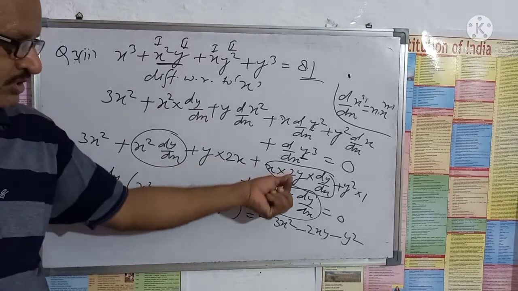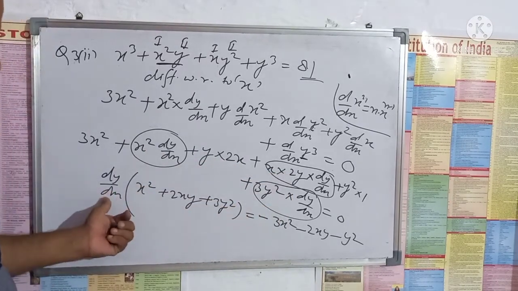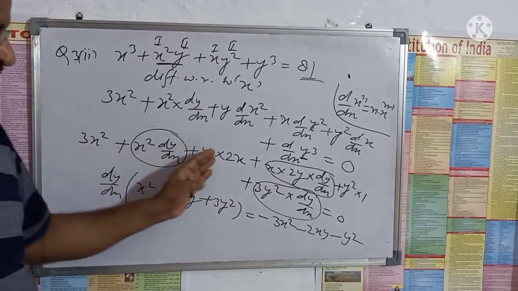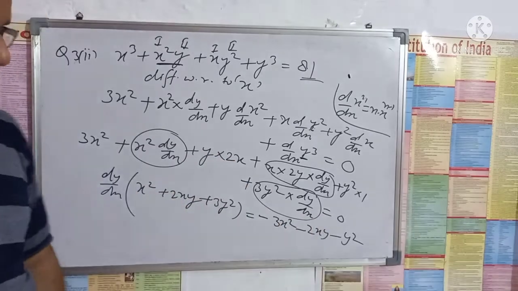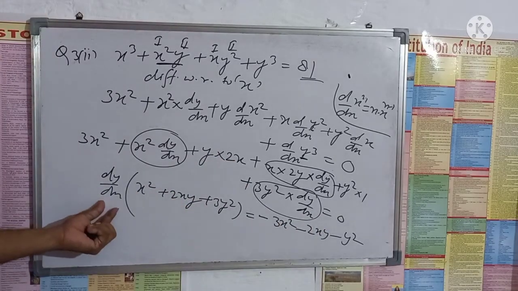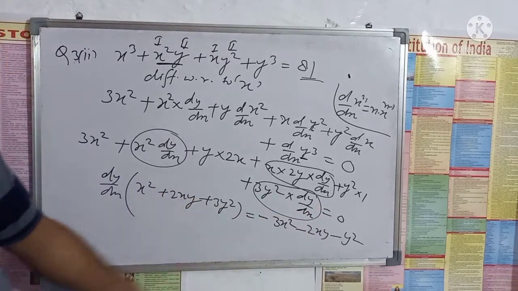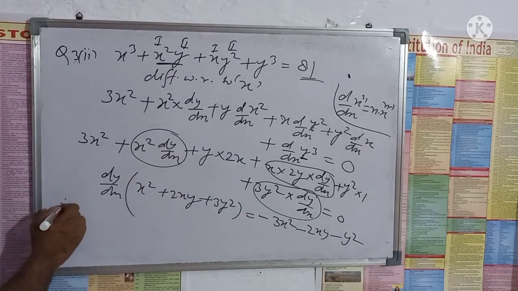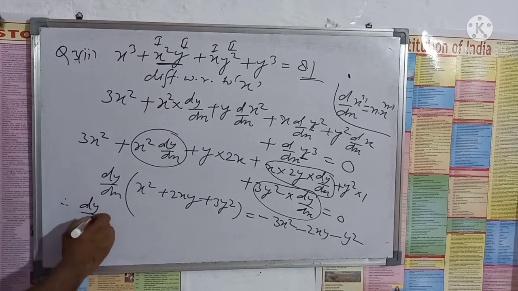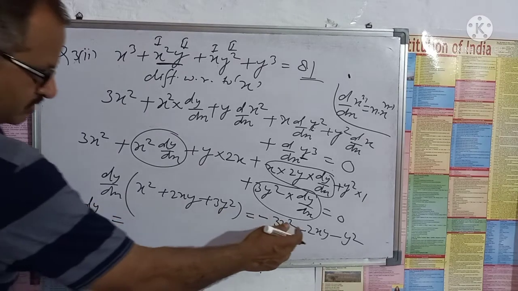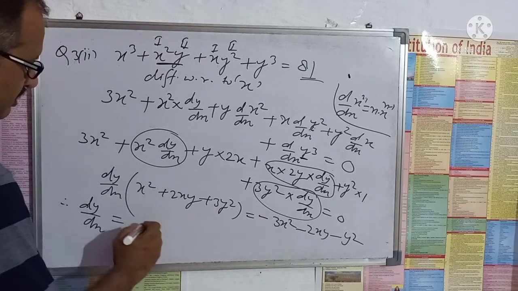So these three terms contain dy by dx. Take dy by dx common and transpose all other terms on the right side. We have to find dy by dx. So what will be dy by dx? We have to divide. So therefore, dy by dx is equal to, write this one. Take minus sign common from here.